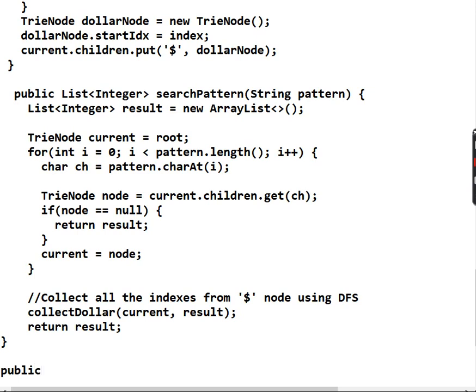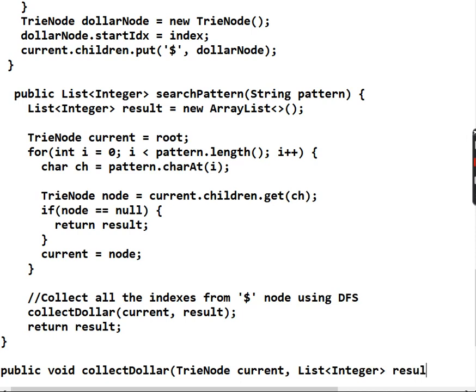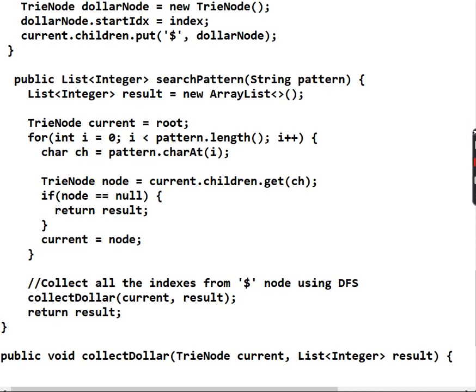So public void collectDollar, we have a TrieNode current, and then we have a list of integer result, right? So we're going to do a DFS.